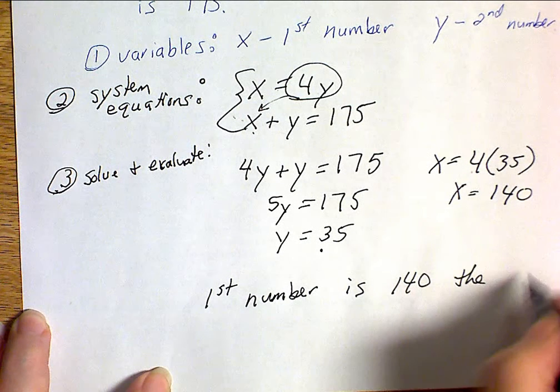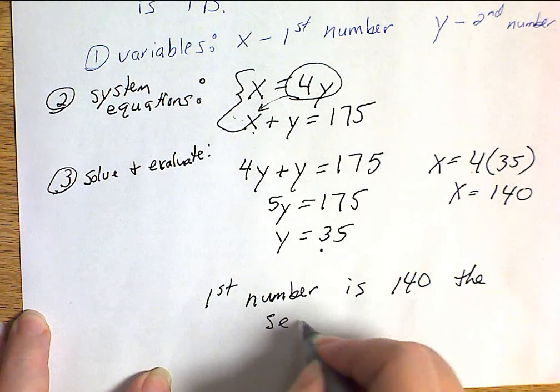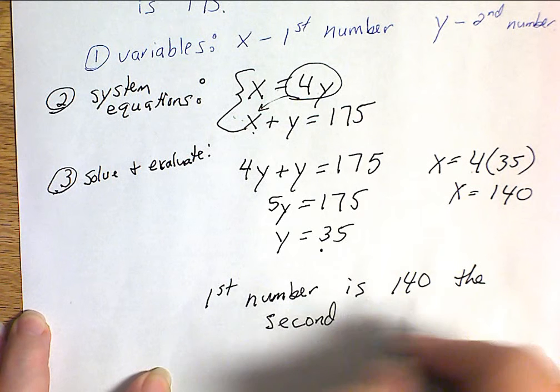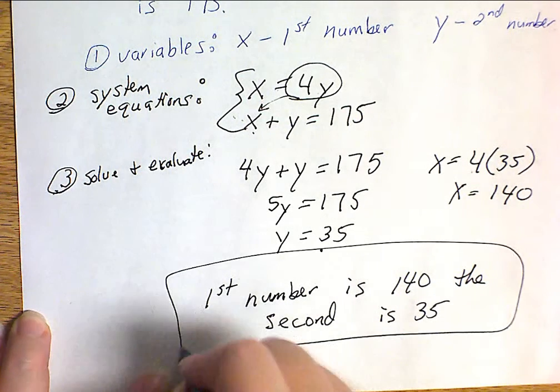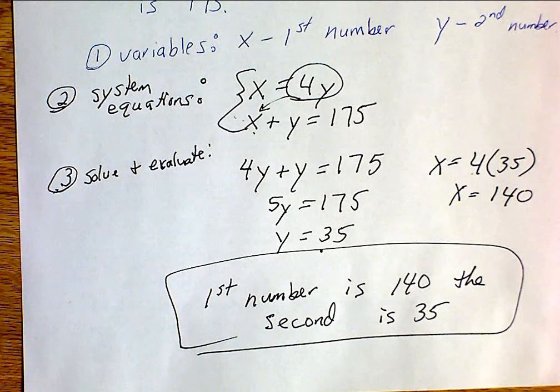The second number is 35. So you always want to make sure you tell what those numbers represent. Don't just say 35, 140. Make sure you tell me what they mean.